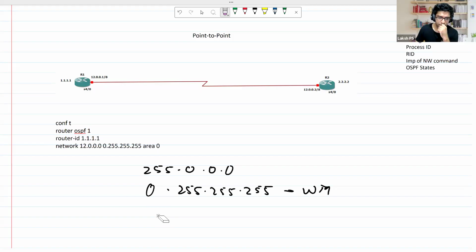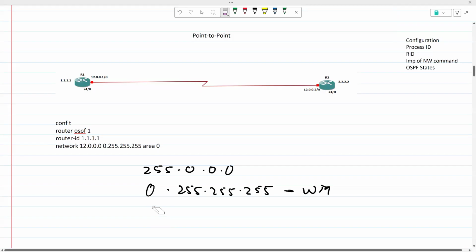Then when we are configuring the network command with the area, with the wildcard mask, I believe the first octet in the wildcard mask is 0. So basically, we are matching when we are putting this network, it will enable OSPF on all the interfaces which are a part of network 12.